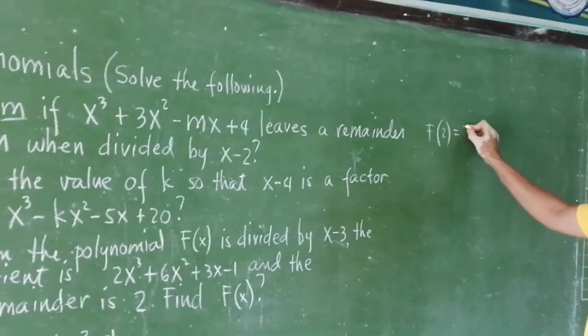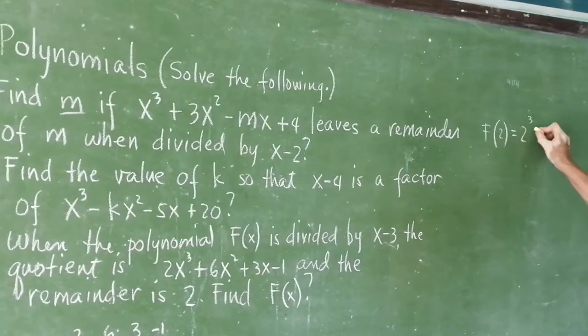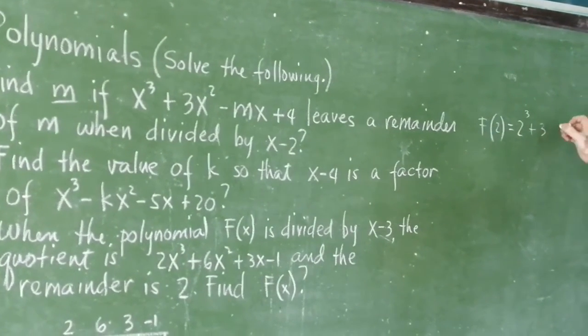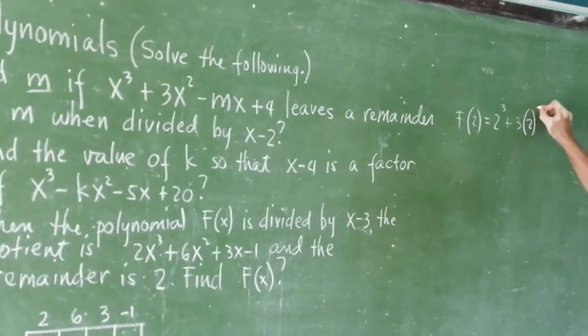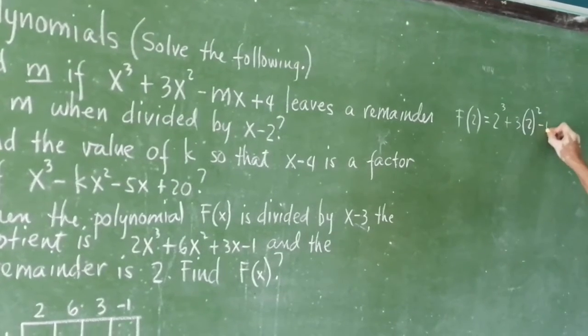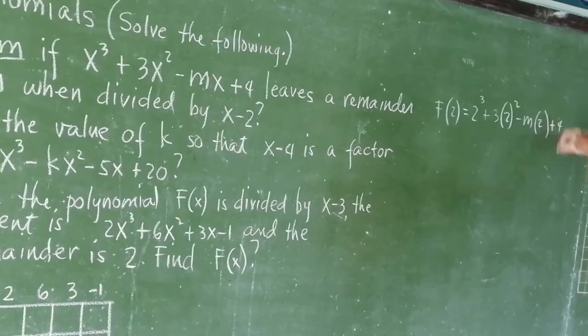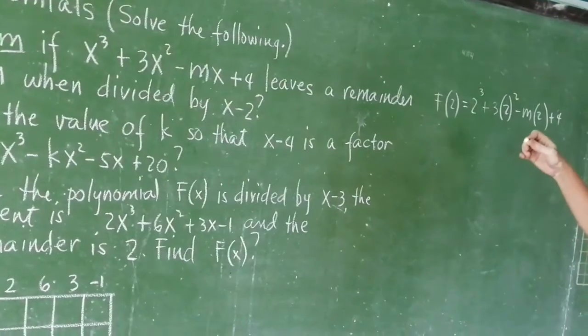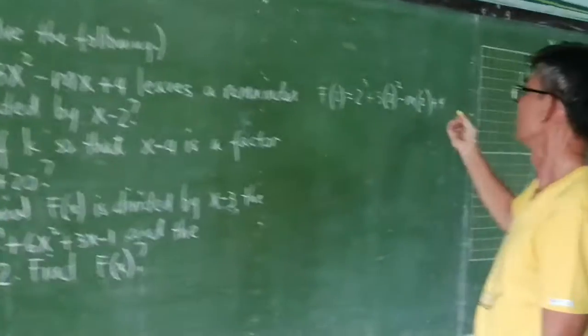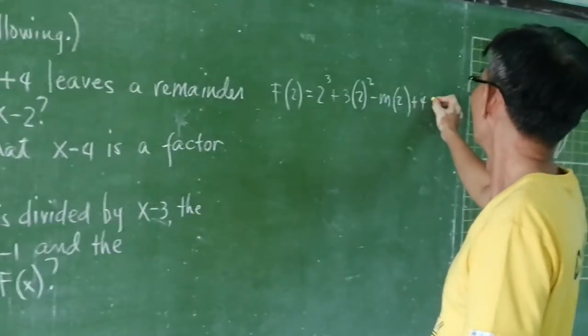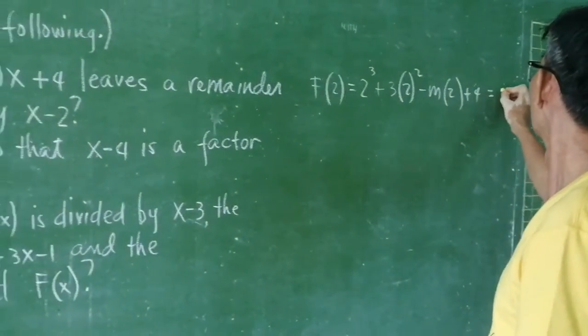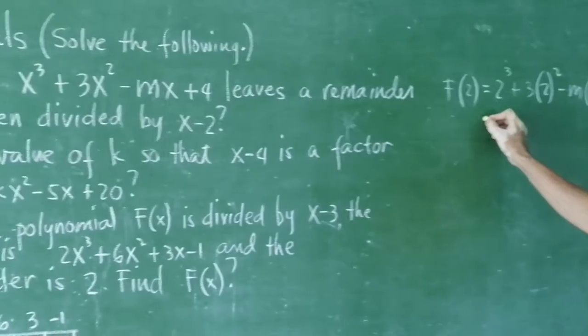So it will be 2 raised to 3 plus 3 times 2 raised to 2 minus m times 2 plus 4. Okay, so it will be the remainder of m. So shall we evaluate?